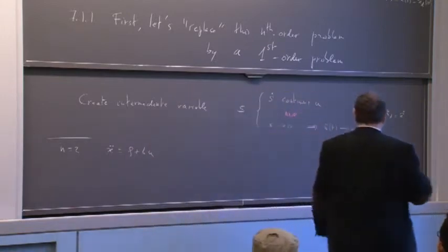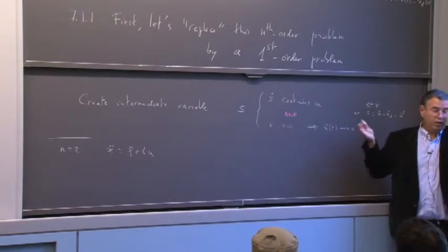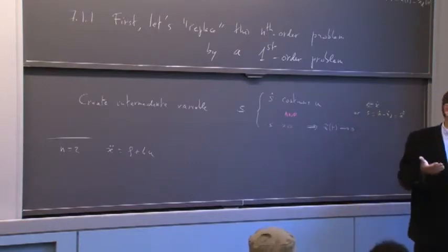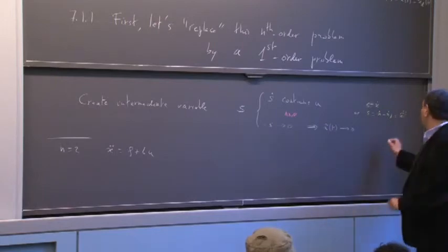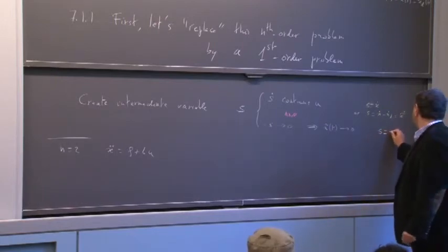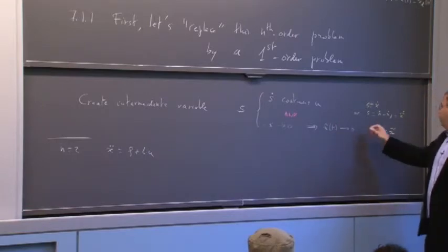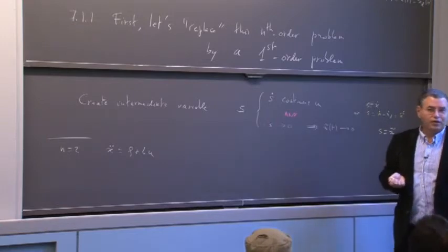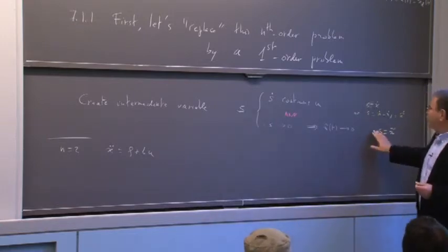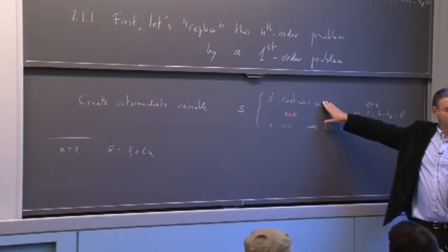Suppose we wanted to solve the second condition by itself. S tends to 0 implies that x tilde tends to 0, okay? Well, of course, we could pick s equal x tilde, right? That would obviously verify that s tends to 0 implies that x tilde tends to 0. But then, of course, the problem, it doesn't verify the first one. Okay?